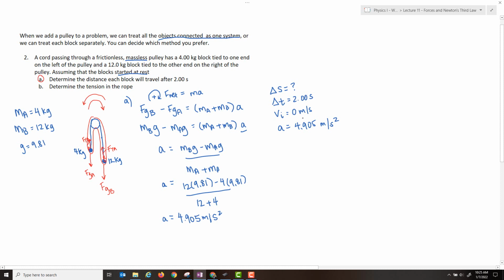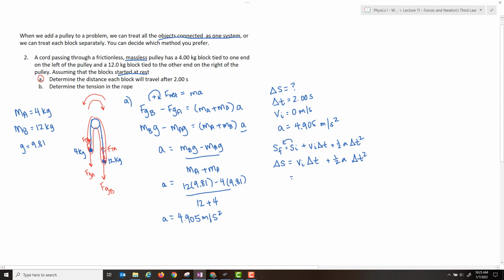So we can use this equation: S final equals S initial plus V initial delta T plus 1/2 A delta T squared. If I bring my S initial to the left side, I get S final minus S initial, which is the same as delta S, the change in position, equals V initial delta T plus 1/2 A delta T squared.